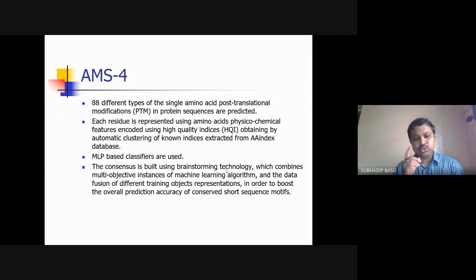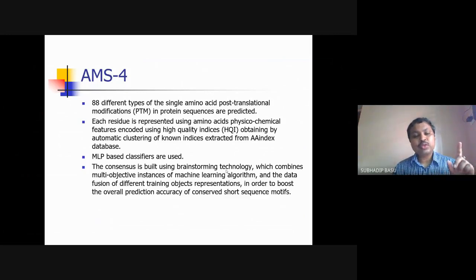Classifier 2 says no, 3 no, 4 no, 5 no. So only one classifier says cysteine is to be modified. That means, instead of voting, we are stressing on the quality. This is a 1-star quality. We call it N-star consensus. Here it is a 5-star consensus.